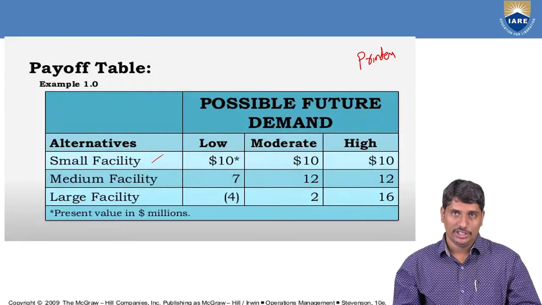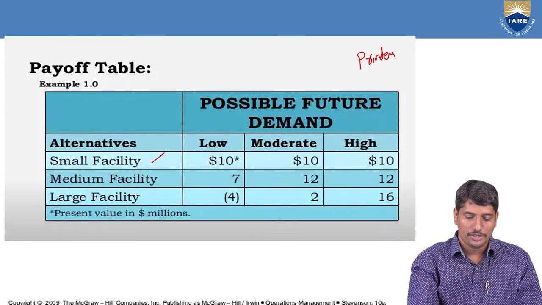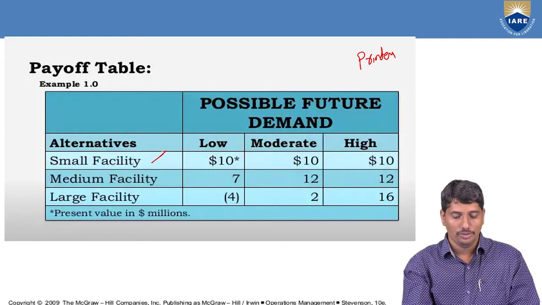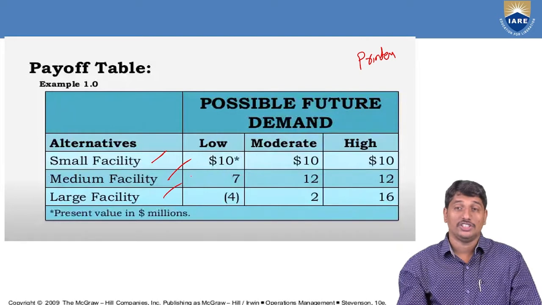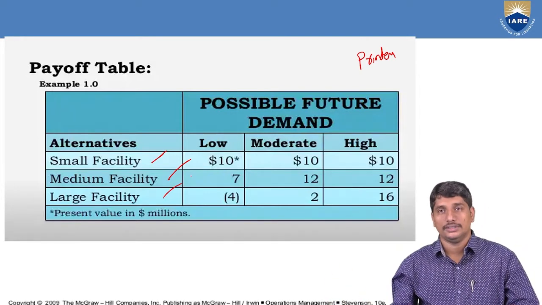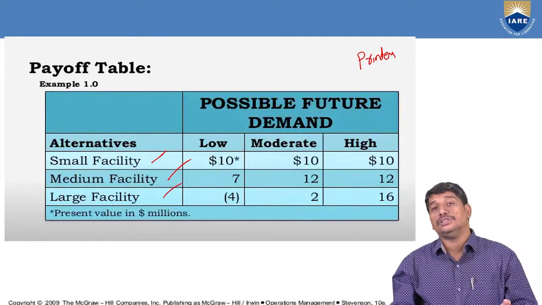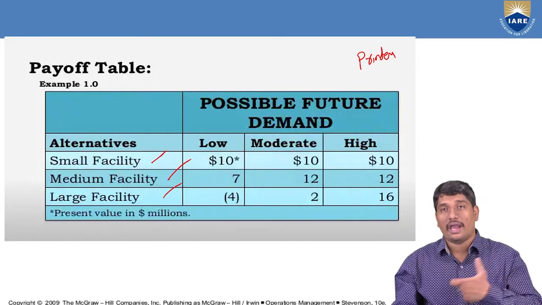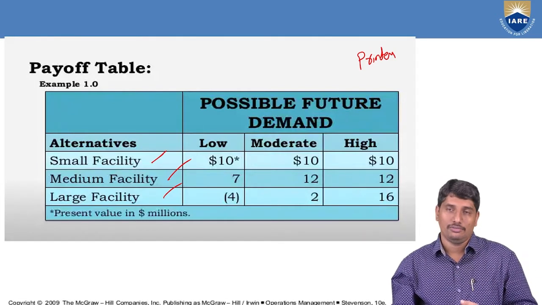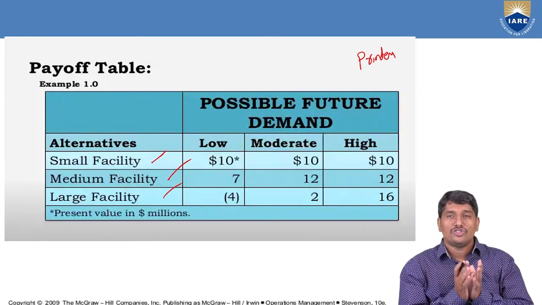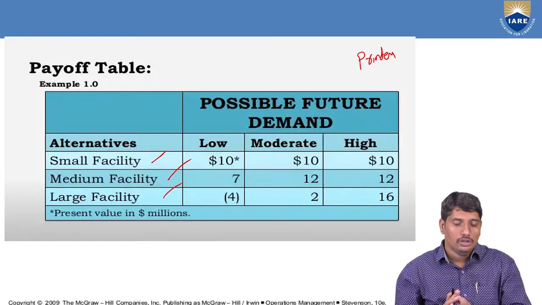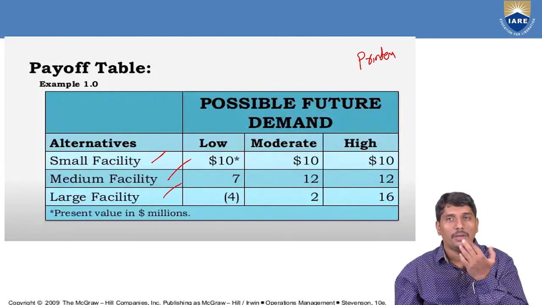There are 3 alternatives. One is a small machine, that is a less capacity machine. Second one is a moderate machine with medium capacity. And third one is a large machine with more capacity. It depends on the center and the demand, which machine we have to buy. If you are setting up your shop in front of a small school, then a small machine may be sufficient.